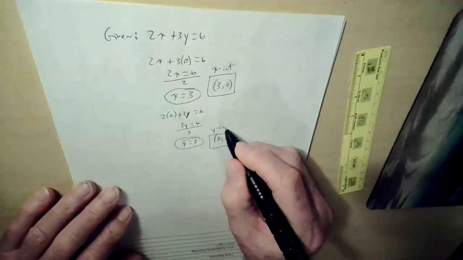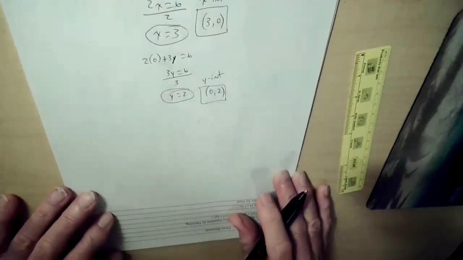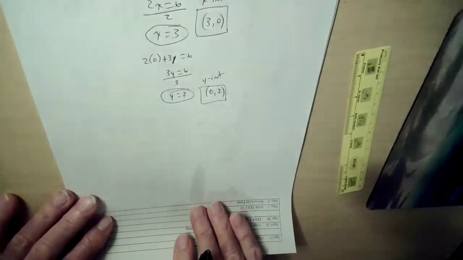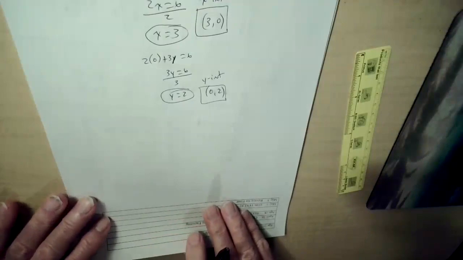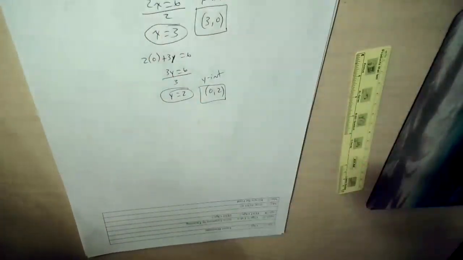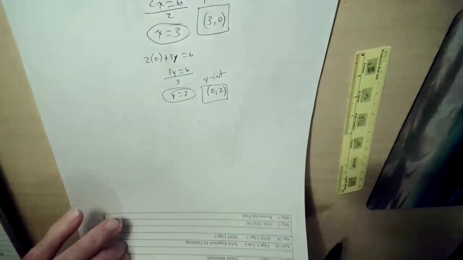That is 0, 2. That's the y-intercept. Everybody with me here? Am I going too fast? Please tell me. That's about as difficult as these problems get, and it's real simple.